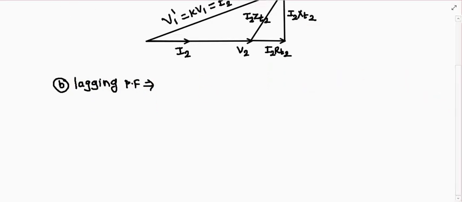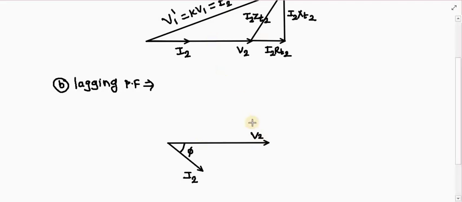Now here again I will take V as a reference vector. As my load is lagging, current will lag the voltage by angle phi. So my current I2 will be lagging my V2 by angle phi.